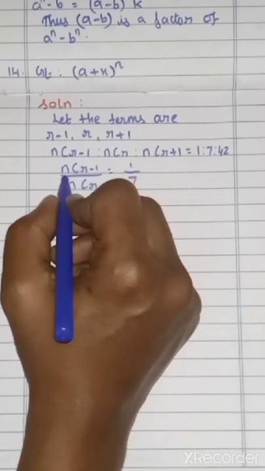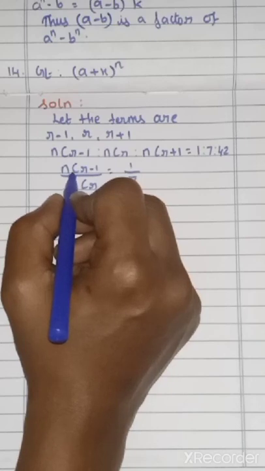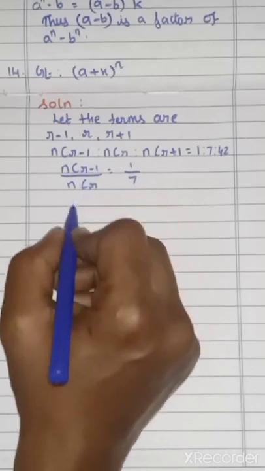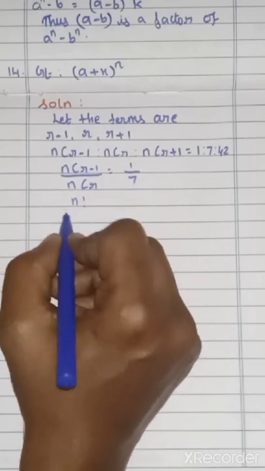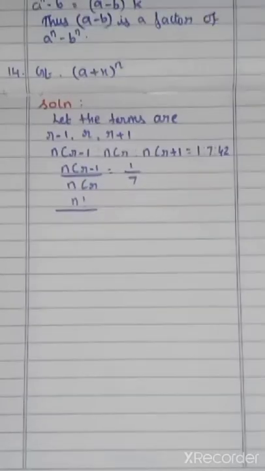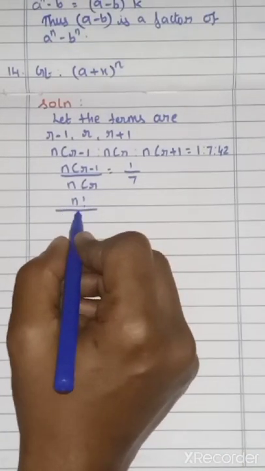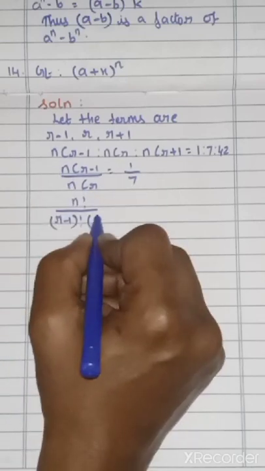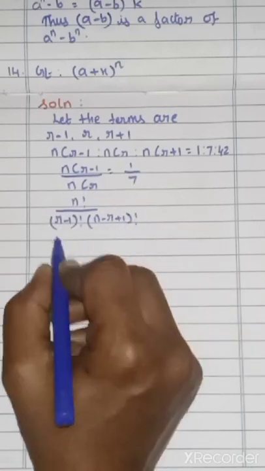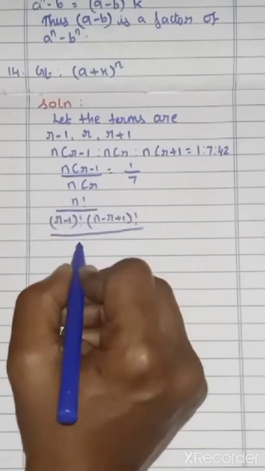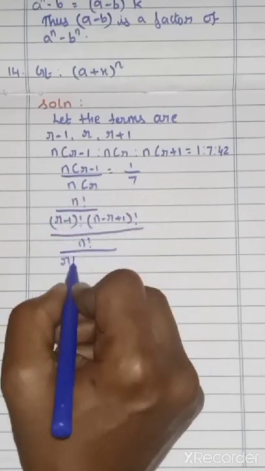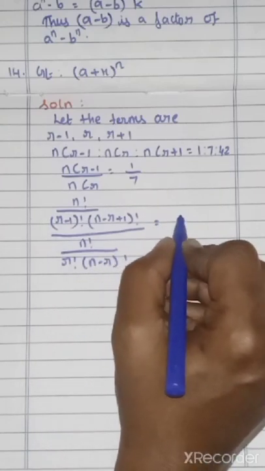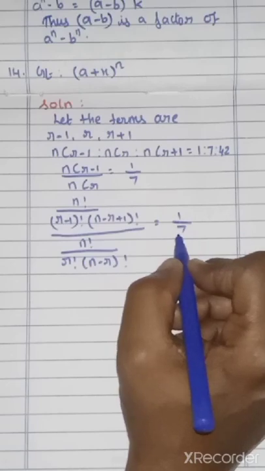Again, we can write this using the nCr formula. So nC(r minus 1) is n factorial by (r minus 1) factorial into (n minus r plus 1) factorial, divided by the denominator nCr, n factorial by r factorial into (n minus r) factorial, which is equal to 1 by 7. Right?